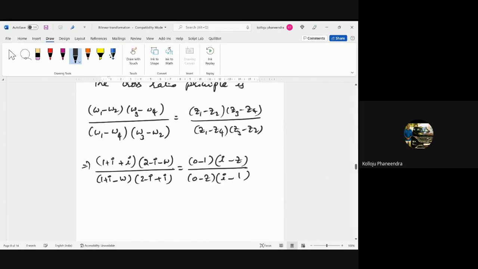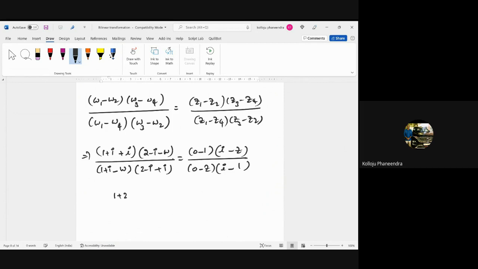Got it? Now let me simplify this. This becomes 1 plus 2I. Next one, 2 minus I minus W whole by 1 plus I minus W. And this is just 2, equal to, this is minus 1, and this is I minus 1. So I will write I minus 1 into I minus Z by, minus minus gets cancelled.